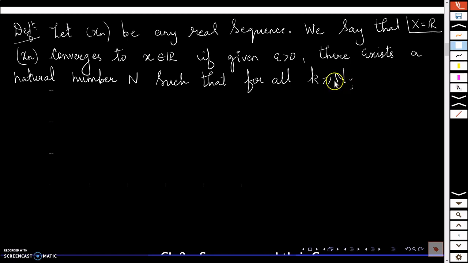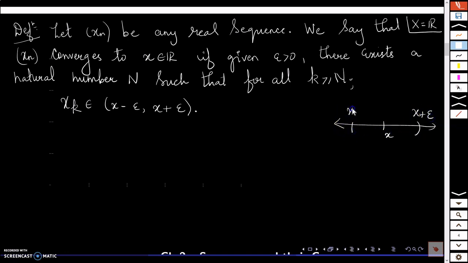So those are the values of k. Okay, so for all k which are bigger than or equal to n, xk should belong to the neighborhood x minus epsilon to x plus epsilon. This is the neighborhood around the point x. So if x is here, then x plus epsilon will be here, x minus epsilon will be somewhere here, and this is that neighborhood which I am talking about.